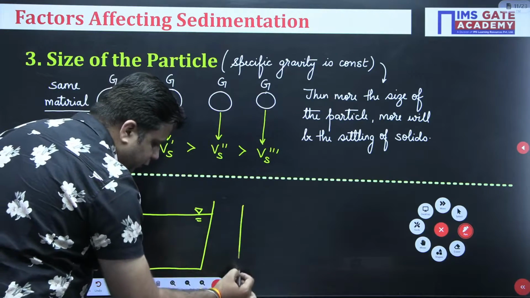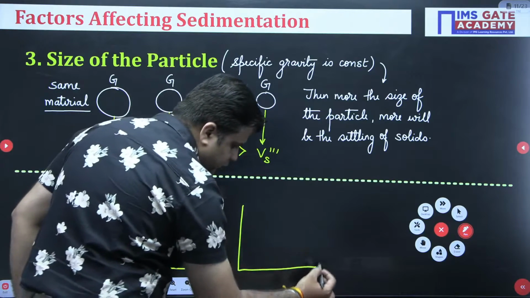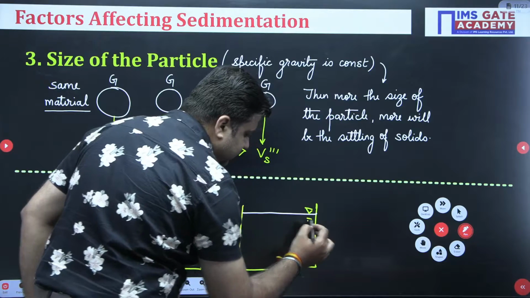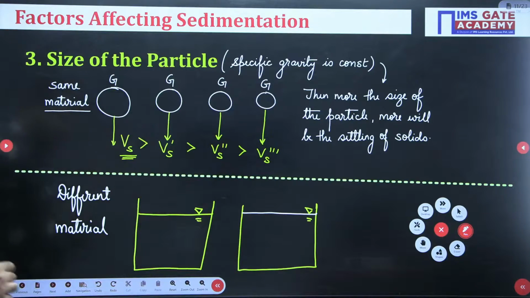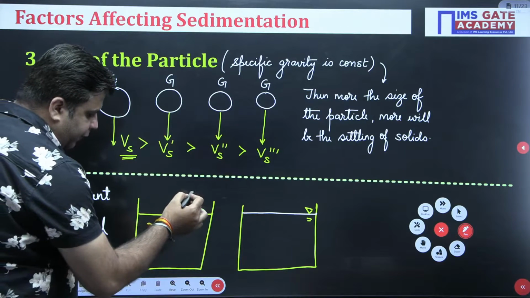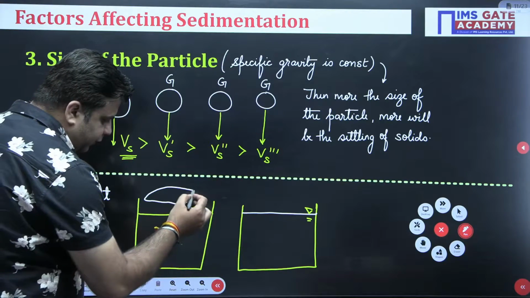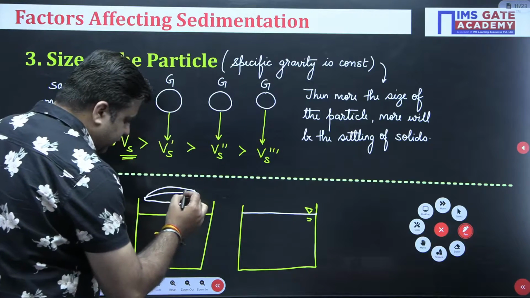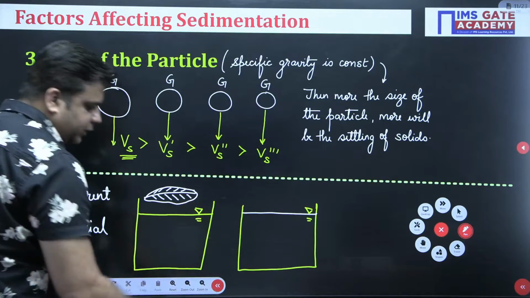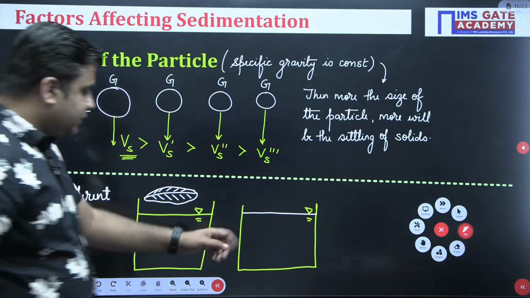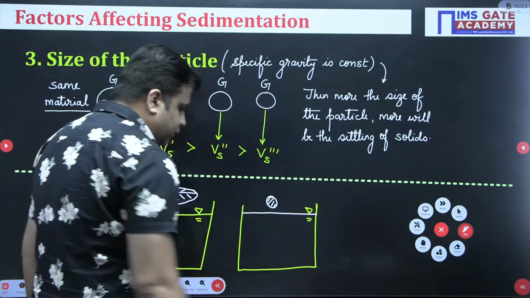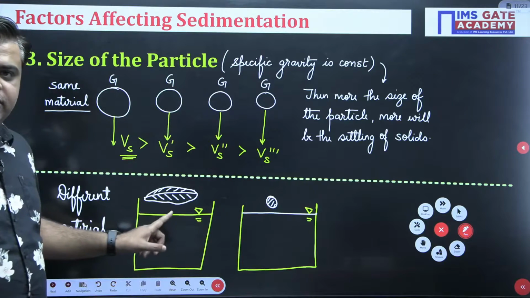Both the tanks are filled with water like this. Both of them are identical tanks, right? In one of the tanks, you have dropped a feather of this size. This is a feather, right? And in the second tank, you have dropped a stone of this size. This is a stone, this is a feather, right?